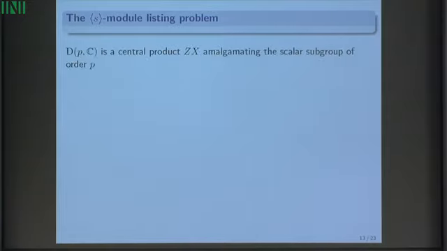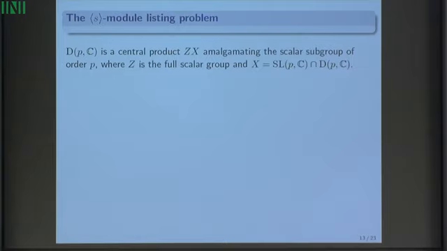Okay, so the full diagonal group is a central product, X times Z. Z is the full scalar group. X is the intersection of D with SL. We're algebraically closed, so this decomposition is possible. The intersection is the scalar of order p.